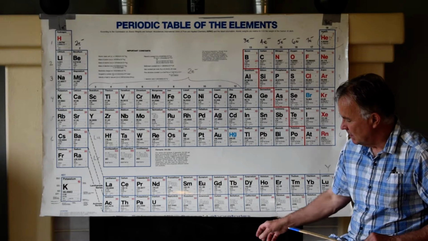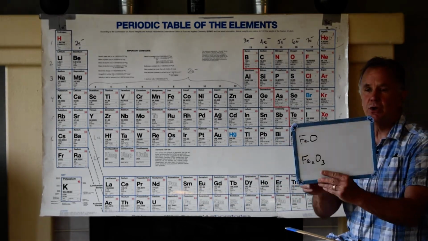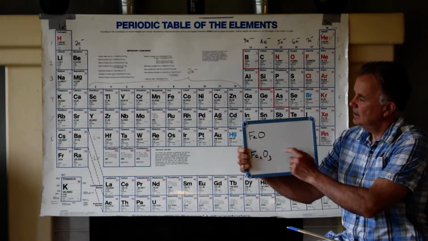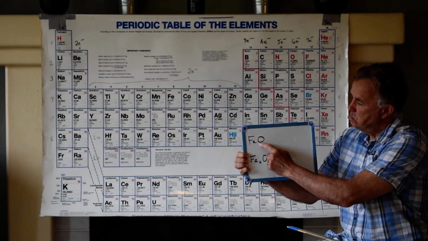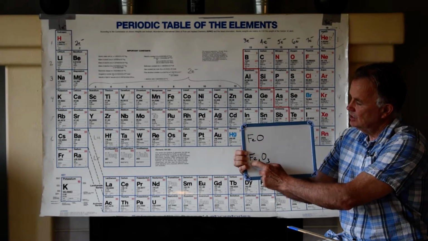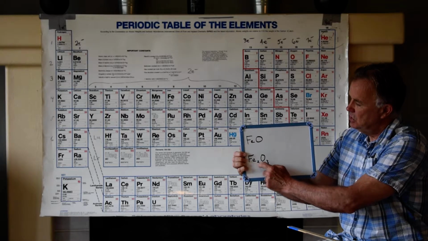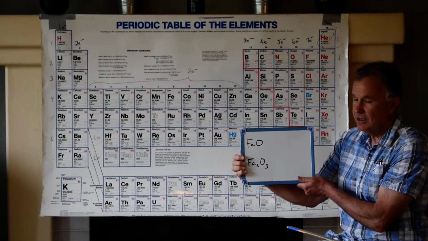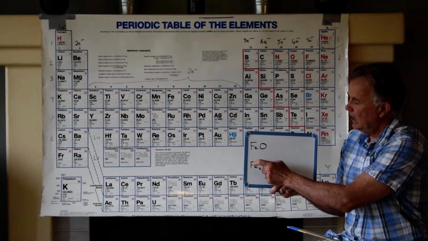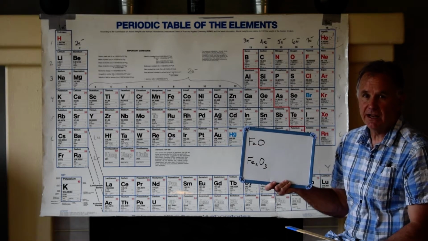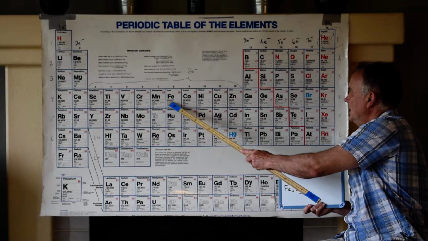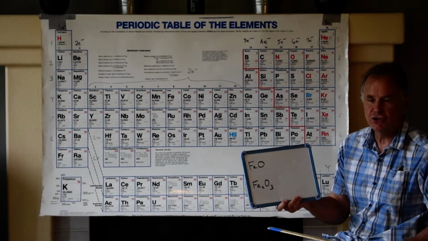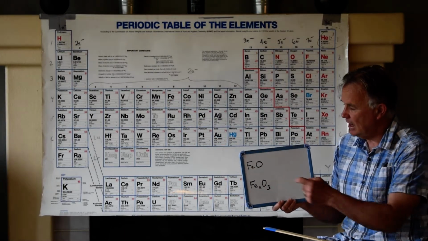If you get something like this on the test, hopefully you can see this, you have FeO, and then iron also combines with oxygen as Fe2O3. You can do it both ways because iron has 2 different oxidation numbers. It's located here. Look at your chart, it can either be +2 or +3, but you can figure it out from looking at it.